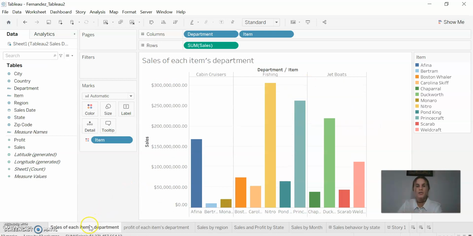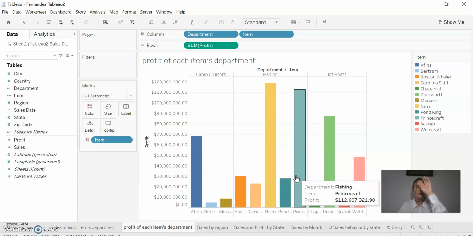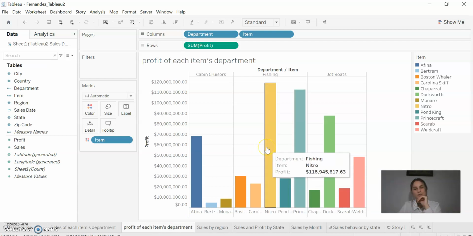But if you see here, this distance is very, very close. So this Princecraft for me was doing actually way better in profits, even though this Nitro, in terms of numbers, was doing very good in both sales and profits.